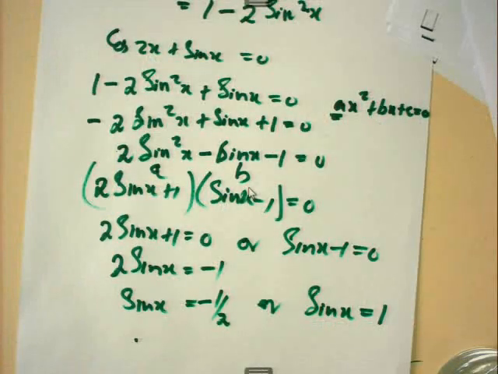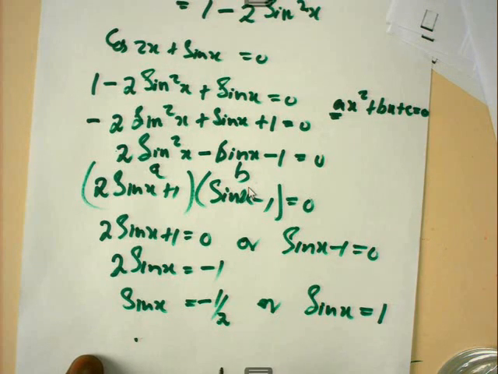Welcome back. We ended up solving cos 2x plus sin x is equal to 0, and we ended at the stage where sin x was equal to -1/2 or sin x is equal to 1.